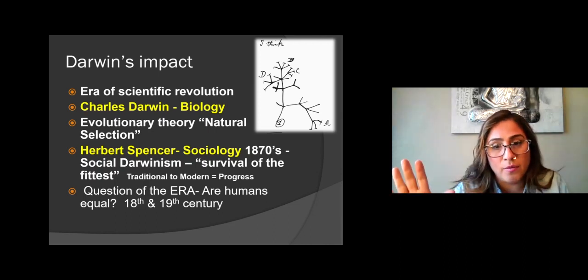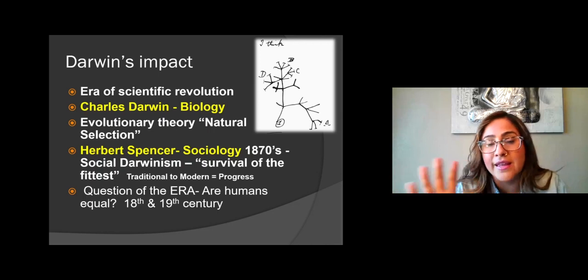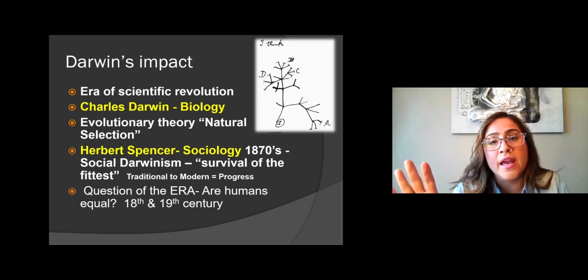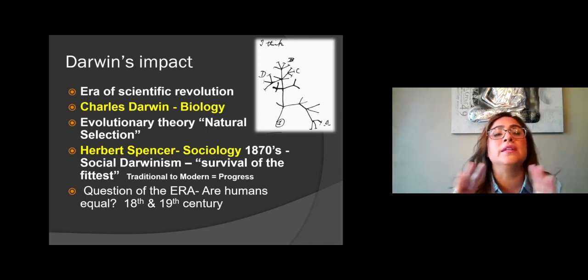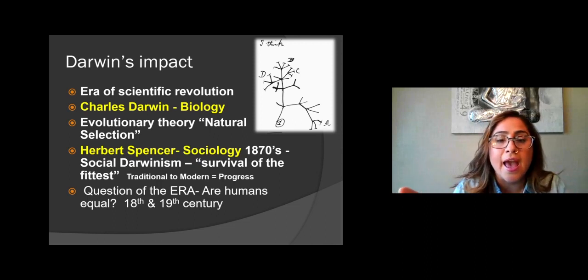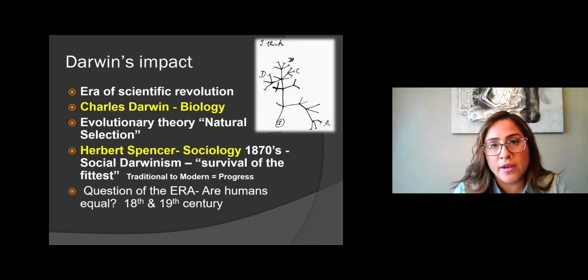So in this era, the 18th and 19th century, many historical things are taking place, and the main question is asking if all humans are equal. And for this, I'm going to pause here and introduce Dr. Lopez, so he can give you just a brief historical summary of this era.